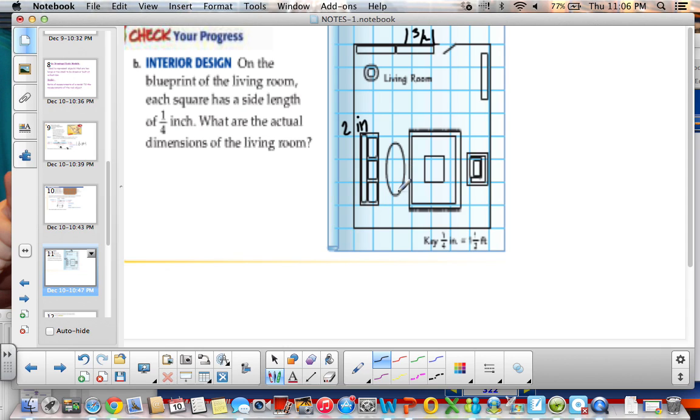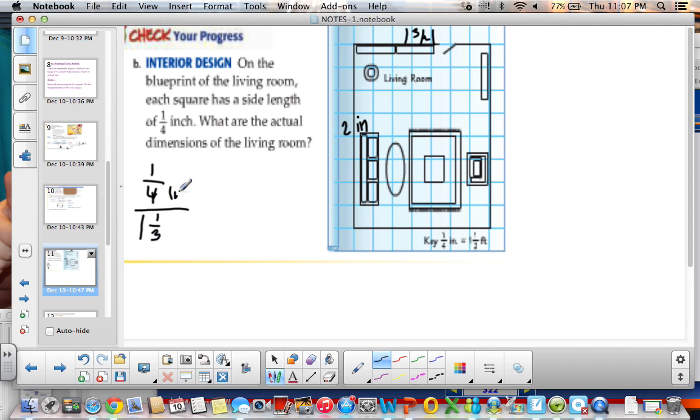Okay, so we need to find what are the dimensions. So first we need to figure out what would the width be. So we have 1/4 inch equals 1 1/3 feet. So 1/4 over 1 1/3.